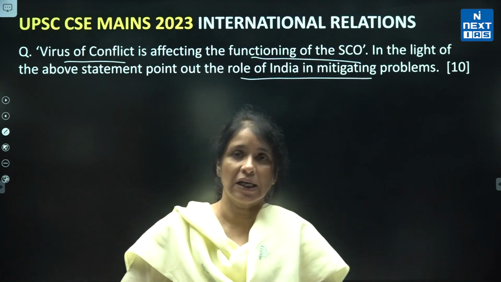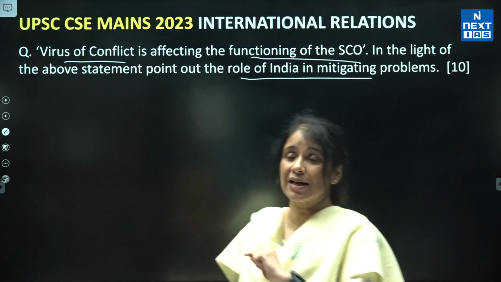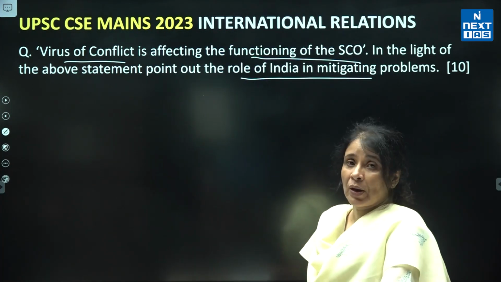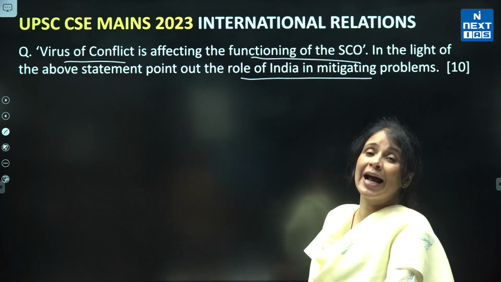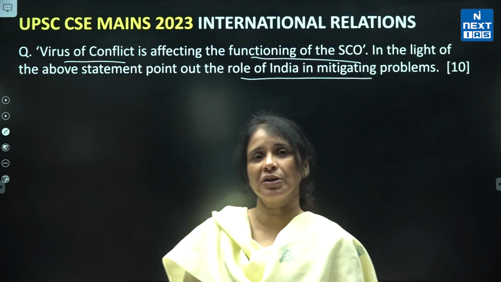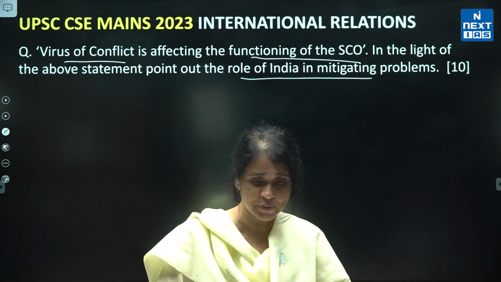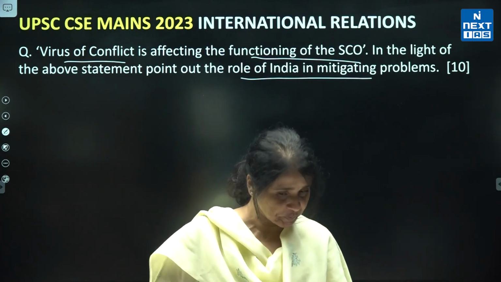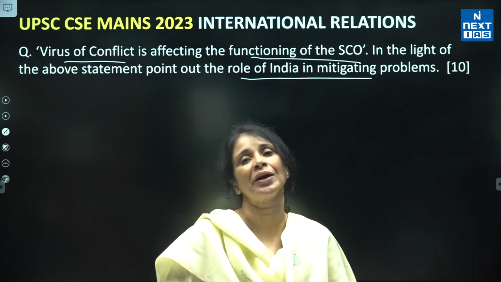So let us first understand what might have been the rationale behind this question, and very interestingly, the SCO organization has been asked in 2021 as well, and it's a repetition just after a break of 1 year. In 2021 the SCO question was about the objectives of SCO and the benefits of India joining SCO.